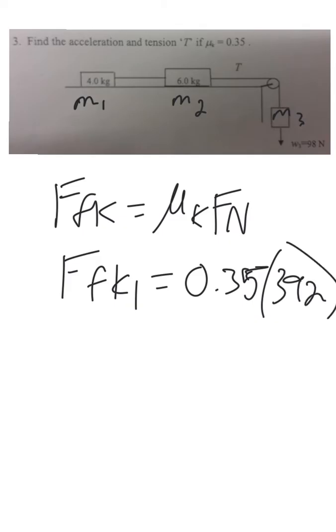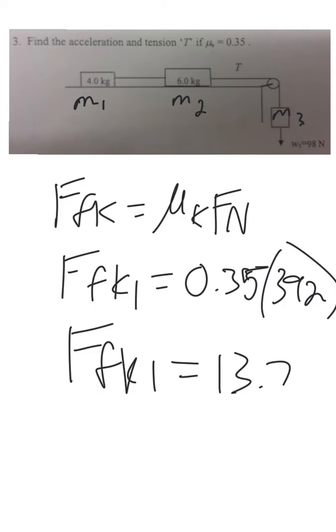That's the weight of mass 1, the force of gravity of mass 1. And then that gives you the force of friction kinetic 1 of 13.7 newtons. That's the force of friction kinetic of the first one.